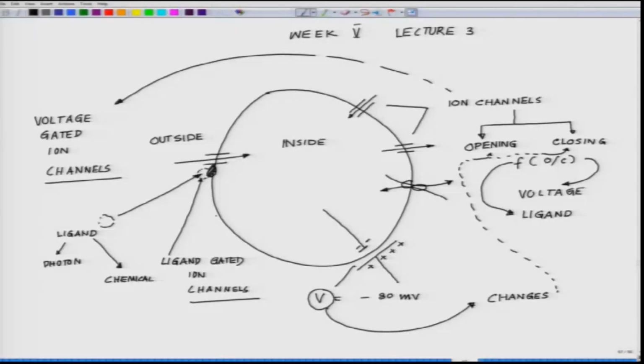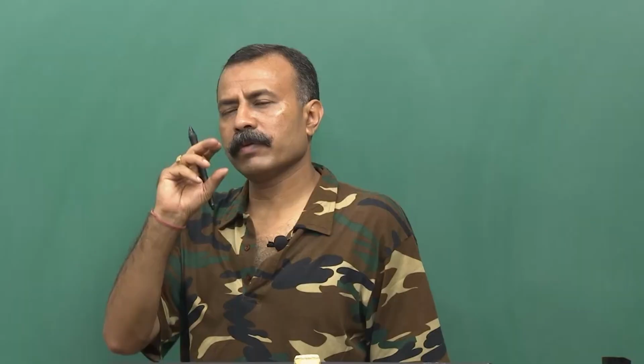Now, here is the catch. If because of the binding of a ligand or some other means, the inside of the cell becomes positive up to a threshold point, and that threshold varies. So, it is around minus 40 or minus 30.